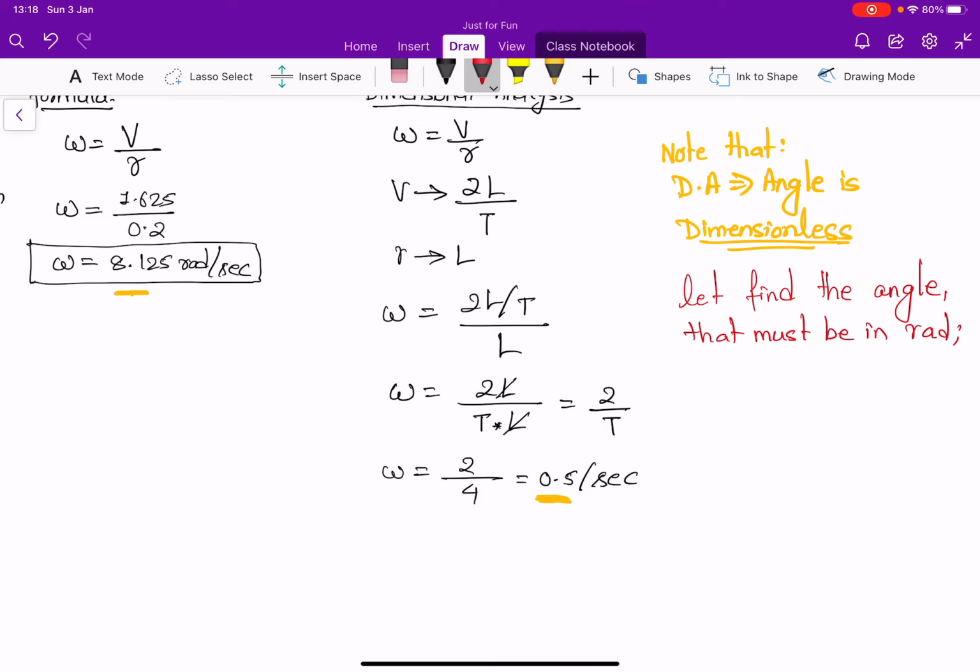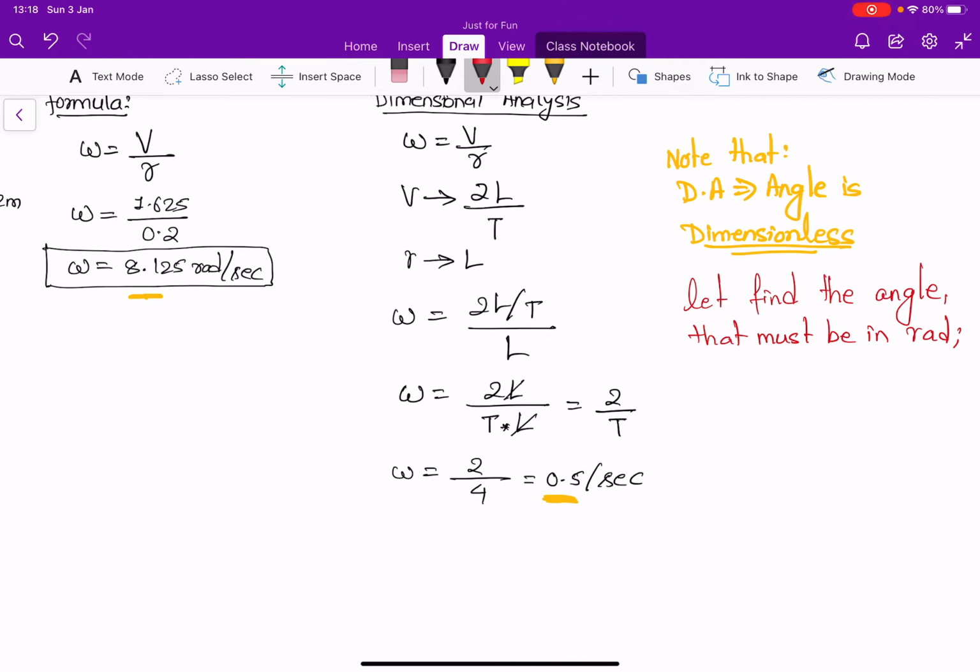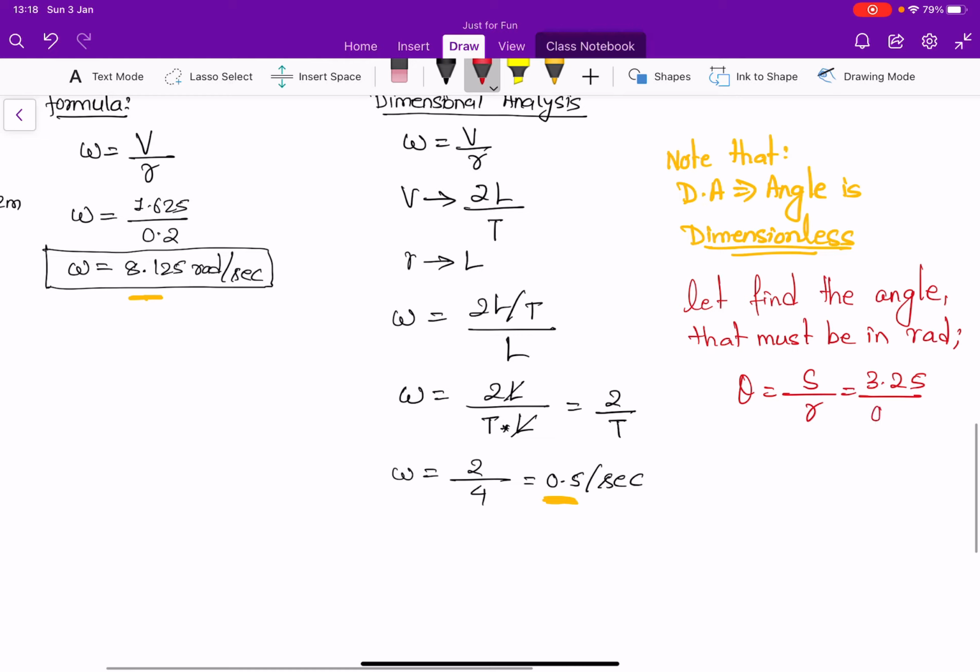We have a formula to calculate the angle, which is theta equals s divided by r, where s is your arc length, and r is your radius of the circle. So we have s, which is arc length, 3.25, and your radius is 0.2. Using this, we're going to get the angle, which is our radian value, as 16.25 radian.